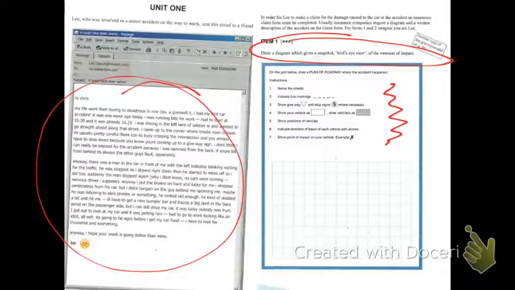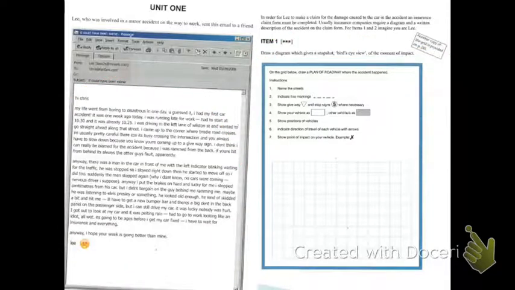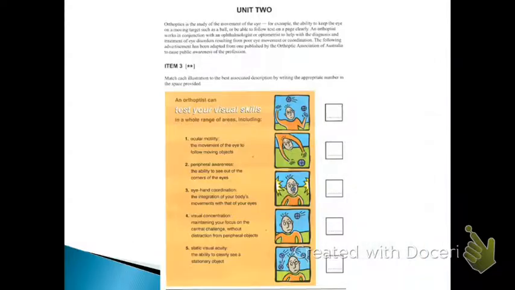So when you get questions like this, take note of the questions before you start to read. Use your time wisely. Now, we'll move on and see what happens in the next slide.